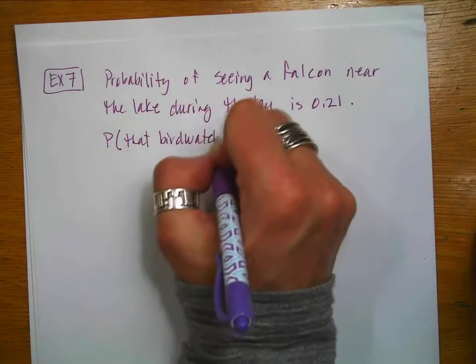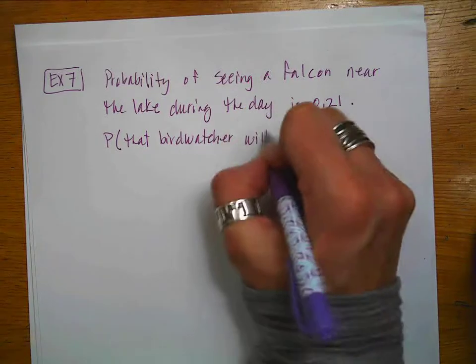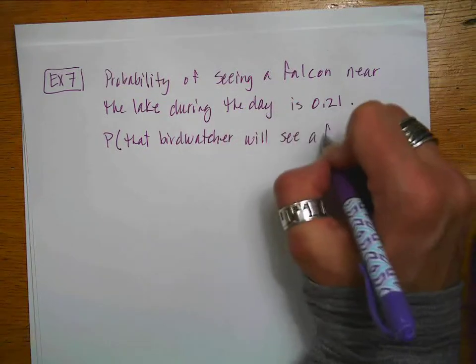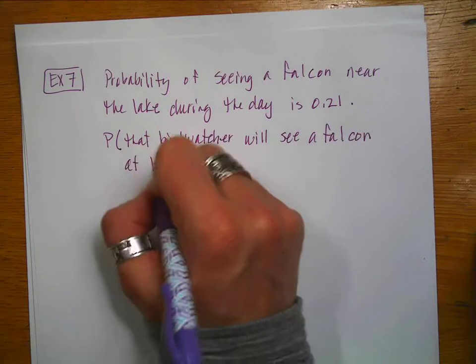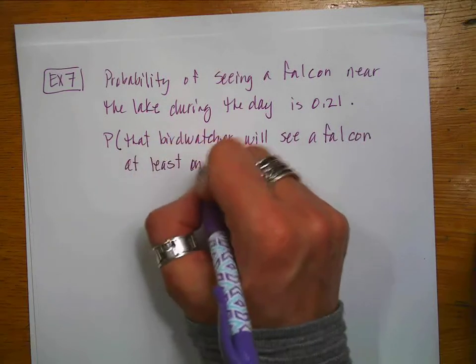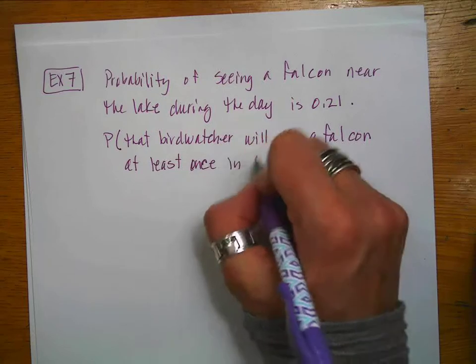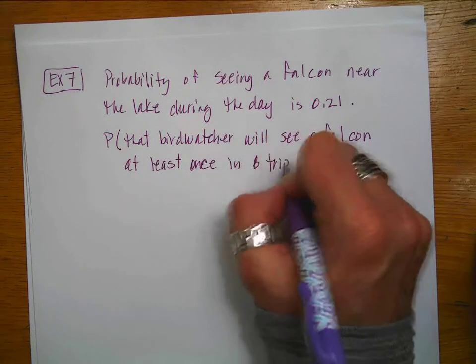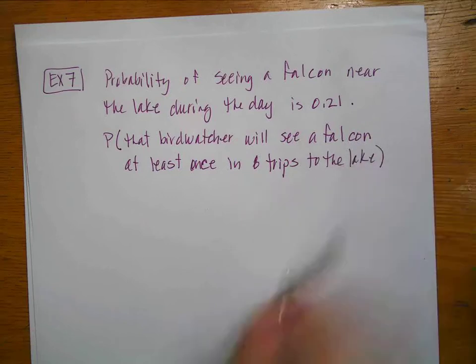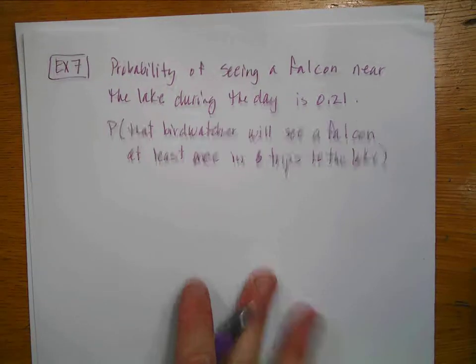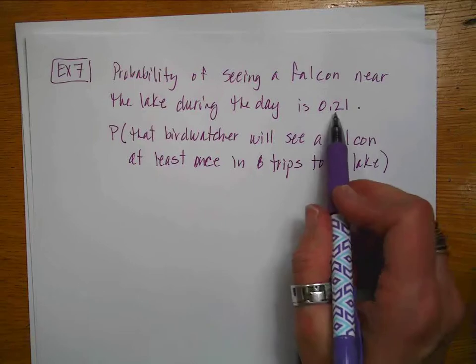So the probability that a bird watcher will see a falcon at least once in 8 trips to the lake is what we're going to try to find.